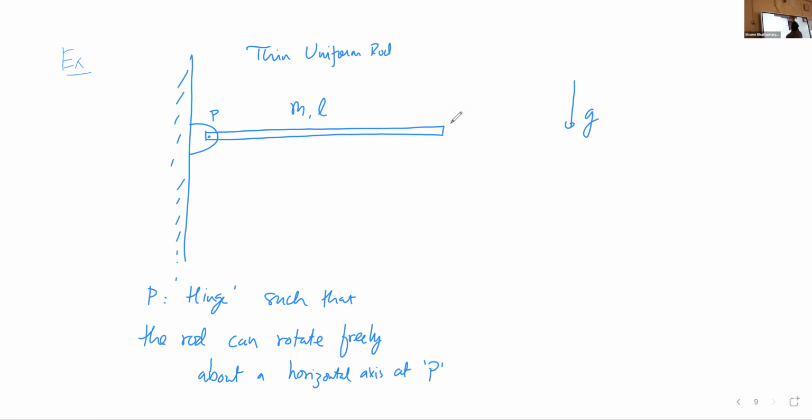Now, initially what I have done is I have kept the rod fixed or at rest by application of a vertical external force at this point, which is at a distance of L/6 from this end. So at a distance of L/6 from this end, I'm applying an external force like this, which is keeping this rod at rest.